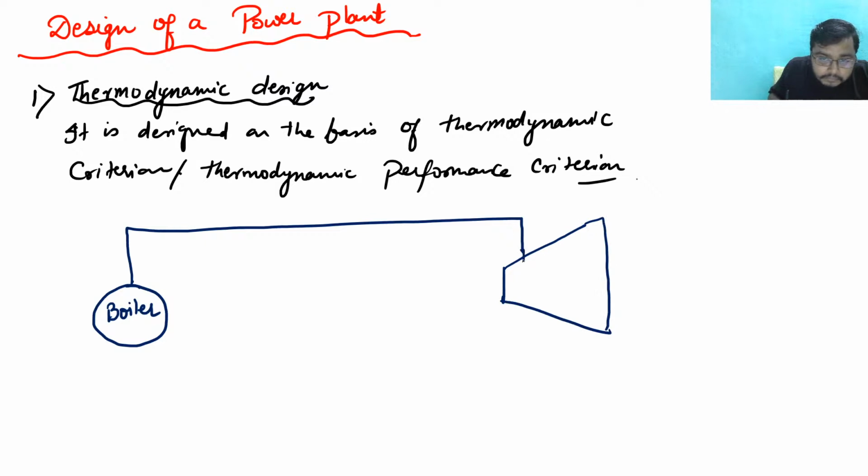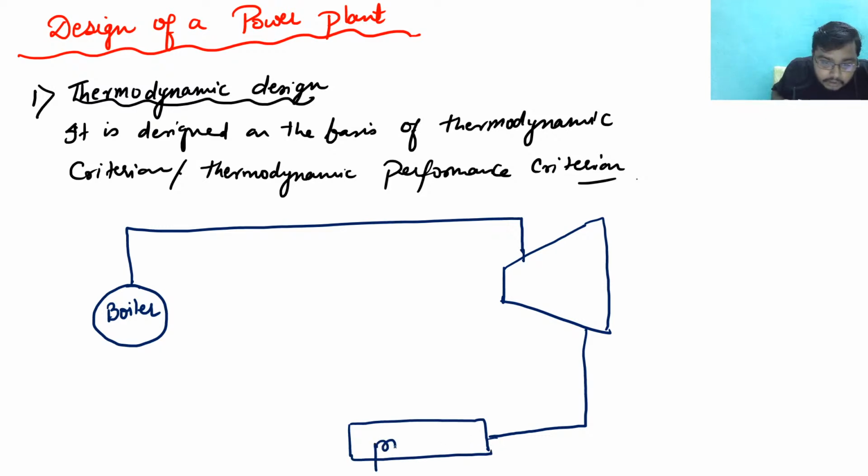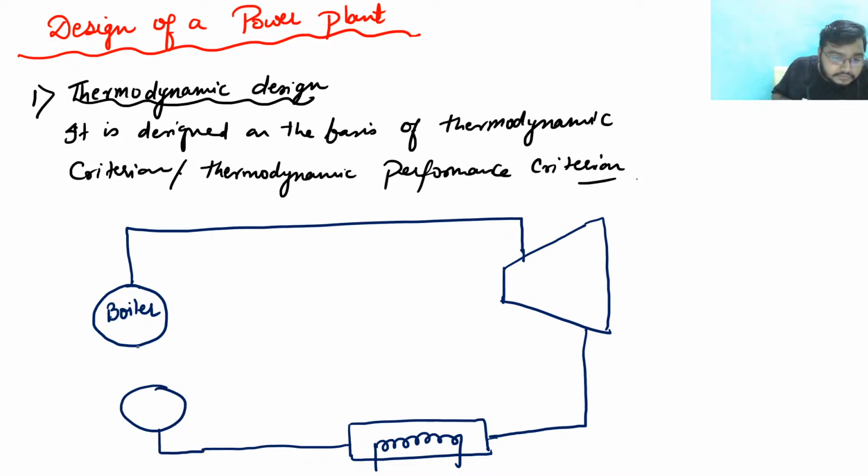Okay, next, the turbine outlet is fed to the condenser. Now see, after the condenser, it is fed to the feed pump, and then it is here.